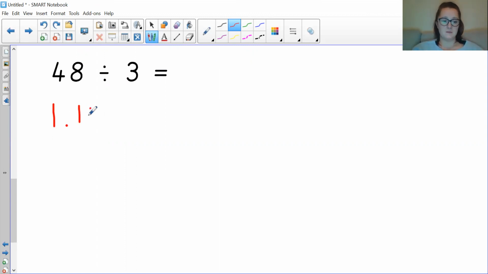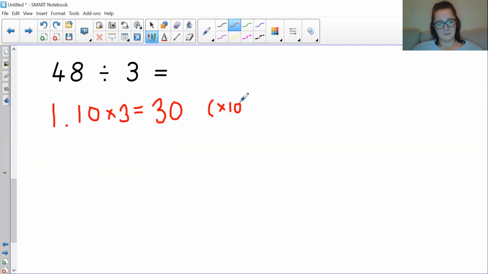So 10 multiplied by 3. And what is 10 multiplied by 3, Year 3? Work it out. It is 30. Superstars. So in my brackets here, I'm going to put groups of 10. 10 lots of 3. Okay?